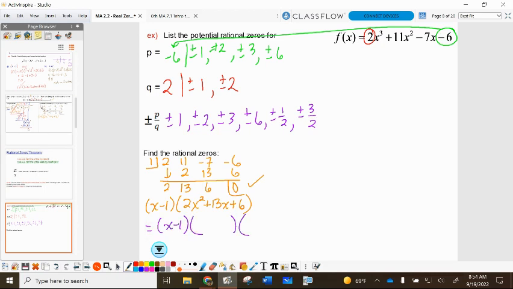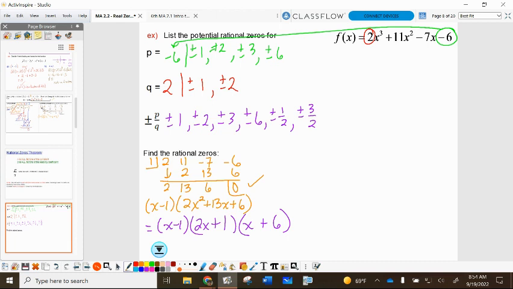I know that 2x squared is going to break down to 2x and x. Okay, so then my factors need to combine to make 13, so that would make 2x squared, 1x, and 12x makes 13x, and 1 times 6 is 6. So there are our factors.